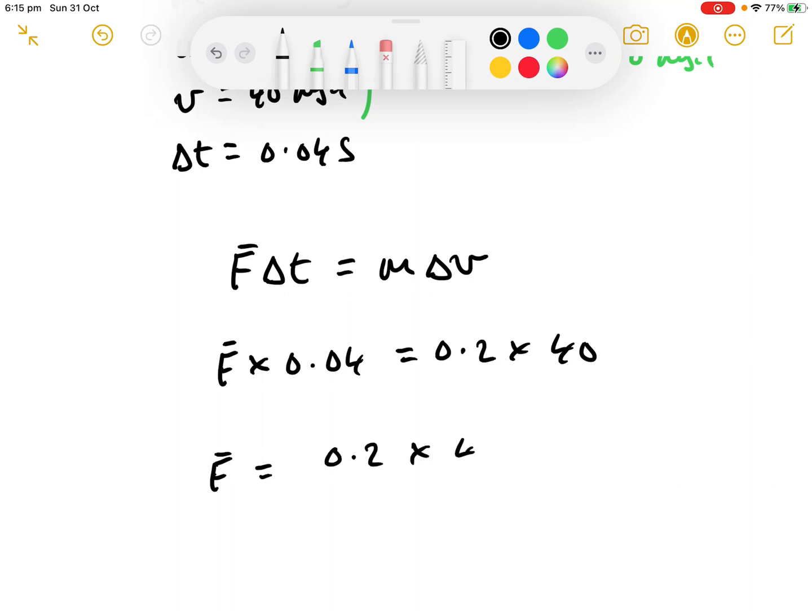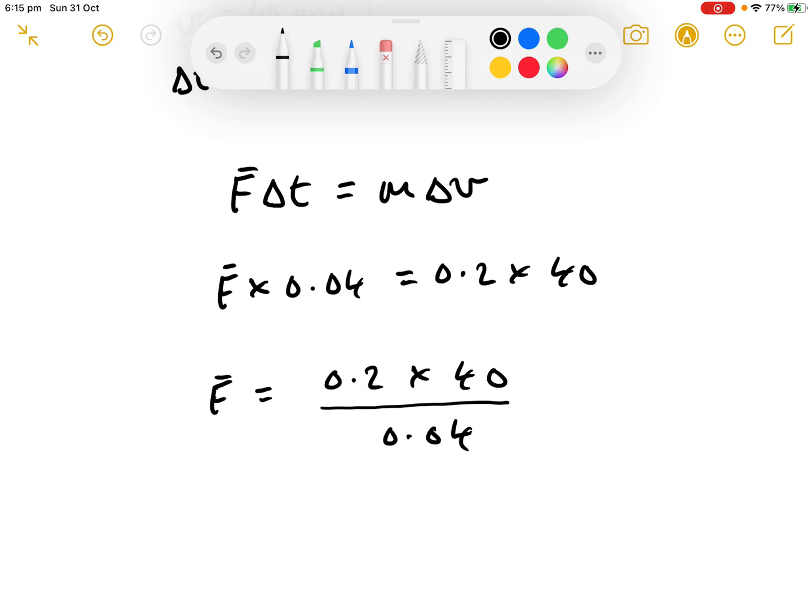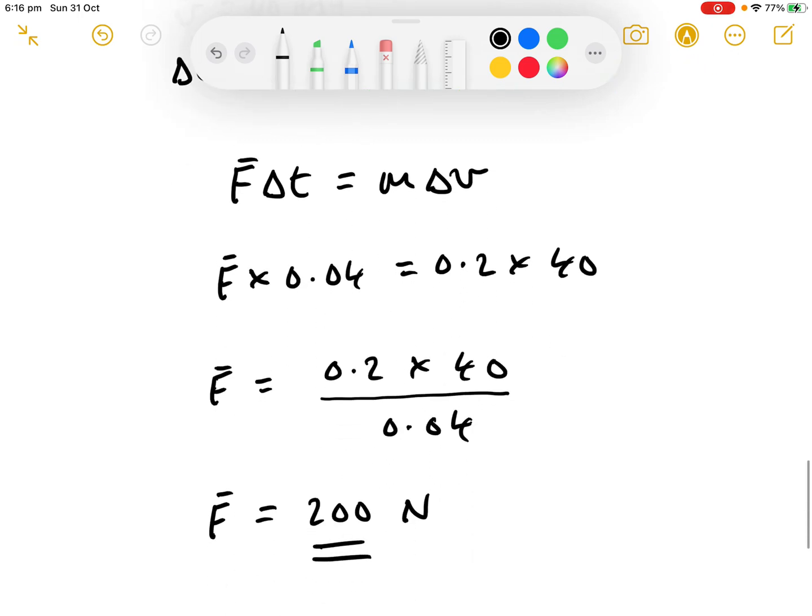So 0.2 times 40 divided by 0.04. What does that give us? Well, let's check. 0.2 times 40 divided by 0.04, and you get that the average force was 200 newtons. Okay, that would be in the direction of travel of the ball.